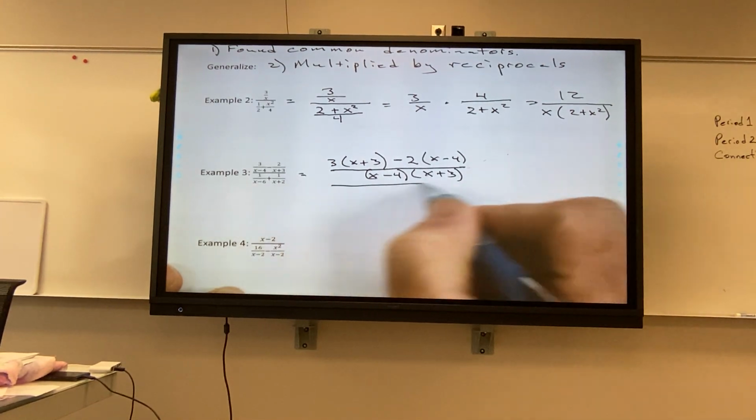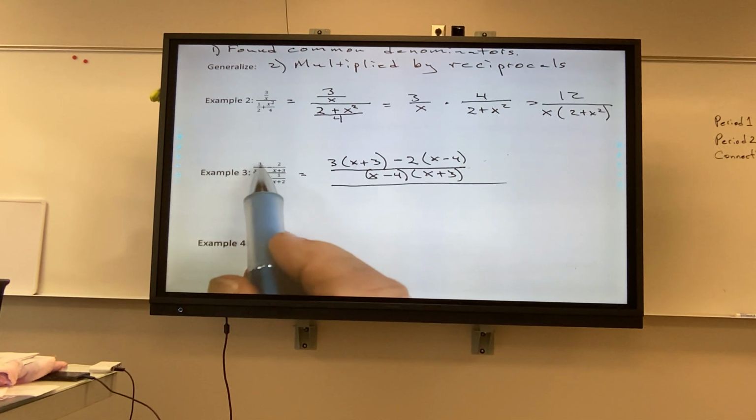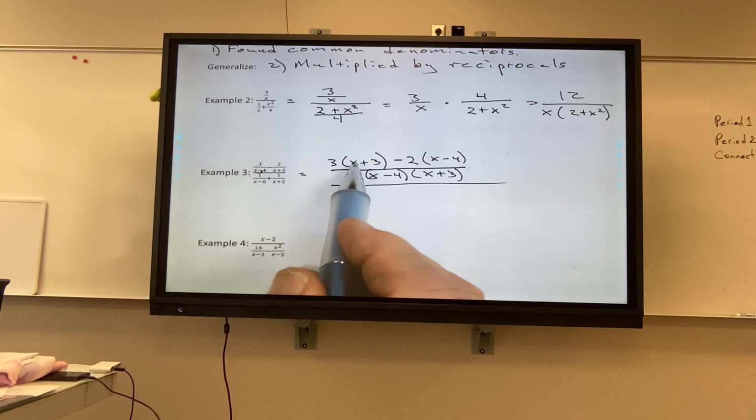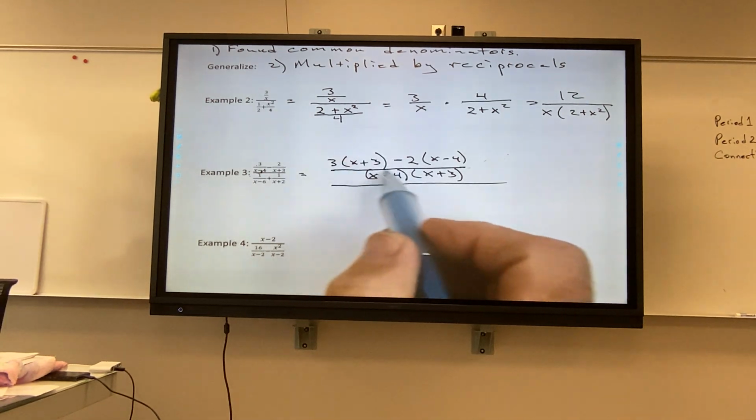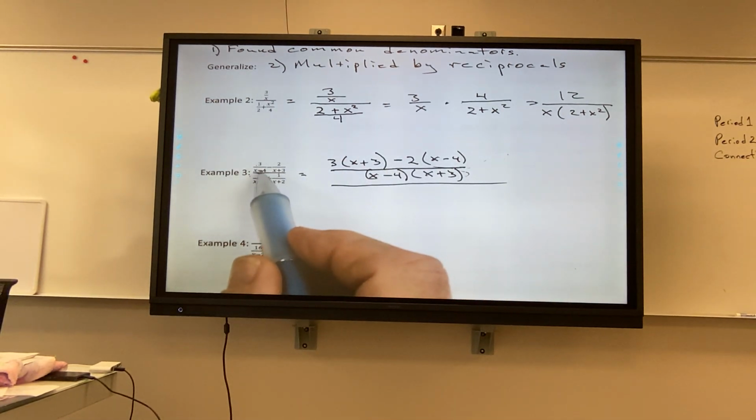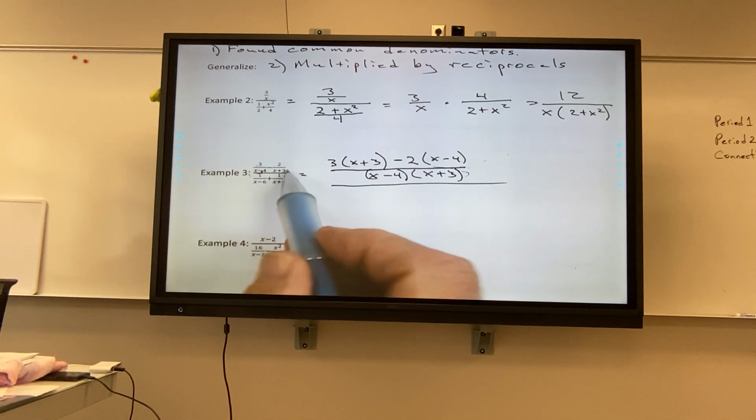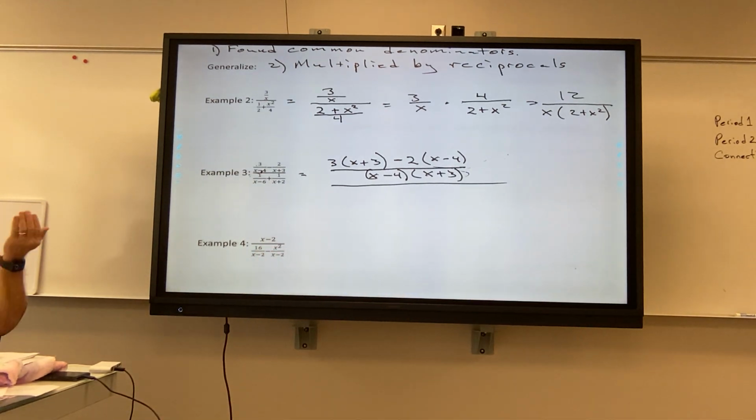Okay, so this is just the numerator. So what I did here is I multiplied the top and the bottom by x plus 3. So that would be this fraction. And then I multiplied the top and the bottom here by x minus 4. It's just like multiplying 4 times 3, correct?